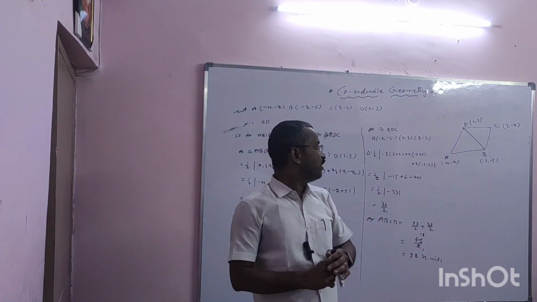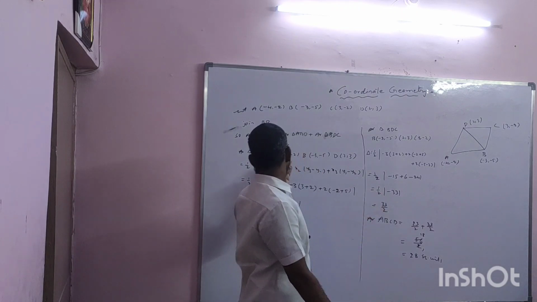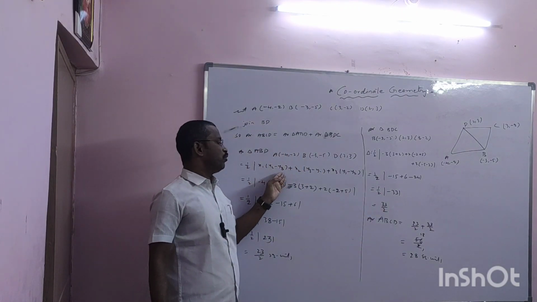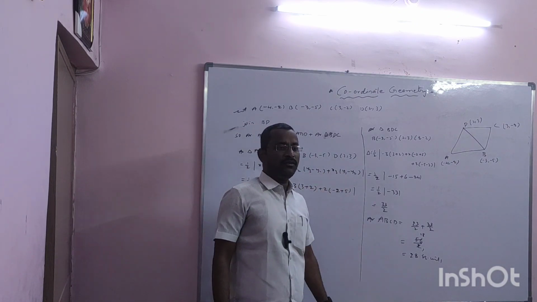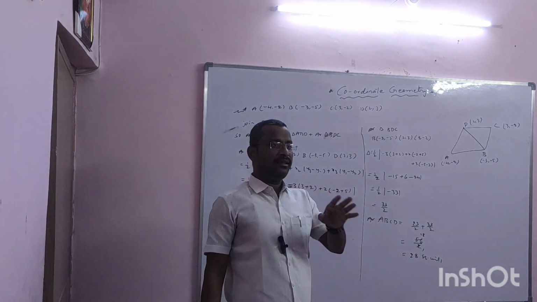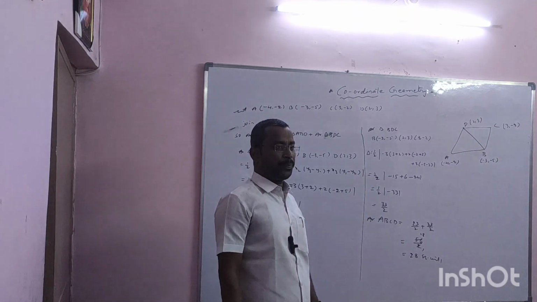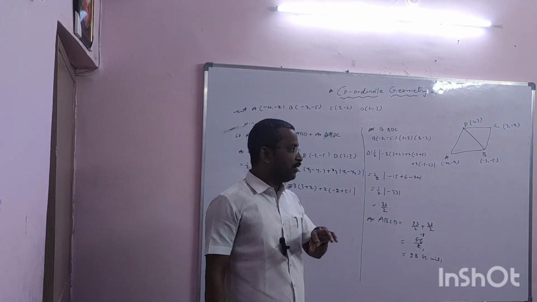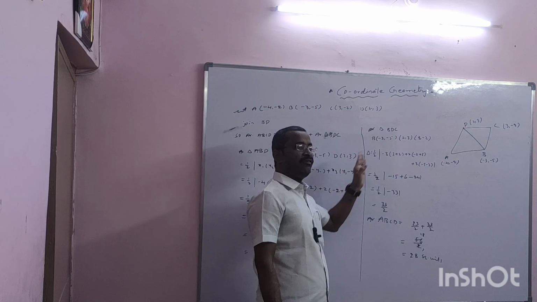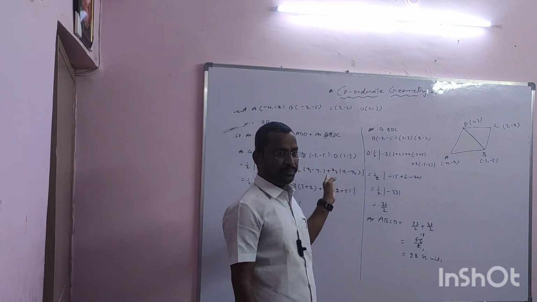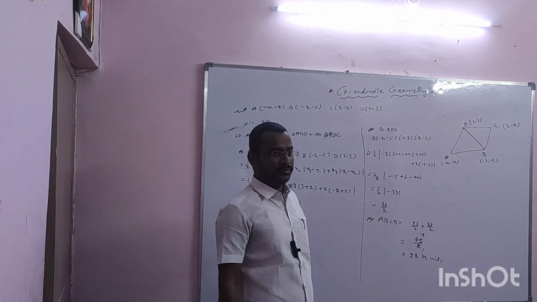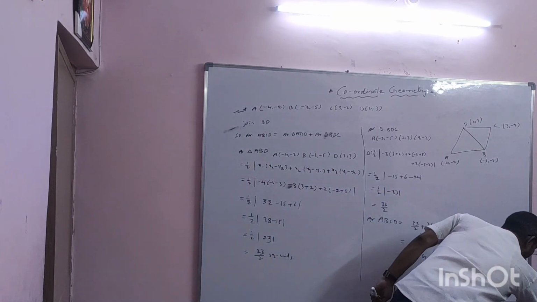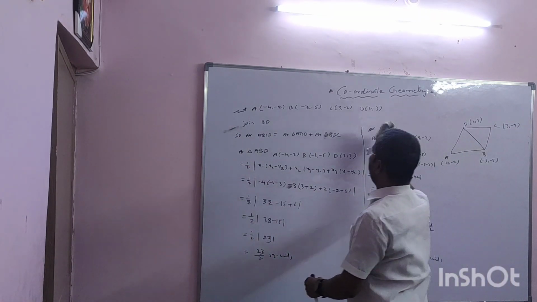In all cases we use the same formula, half into x1 of y2 minus y3, x2 of y3 minus y1, x3 of y1 minus y2. This is the entire exercise. They will ask a long question in that. Sometimes they will ask to find the area and verify with Heron's formula, which we have seen. Whatever method you use, the answer should remain the same. And also the last method, finding the slope.